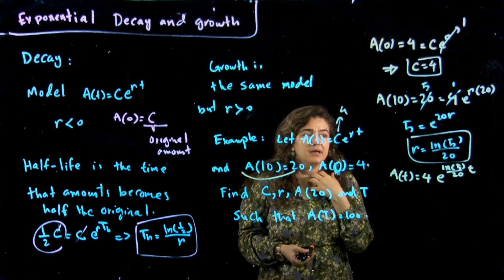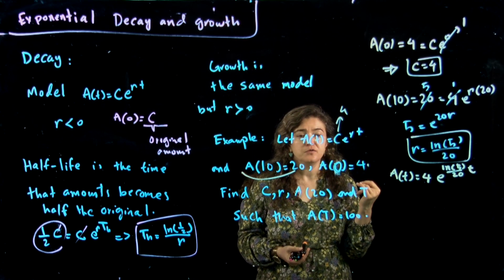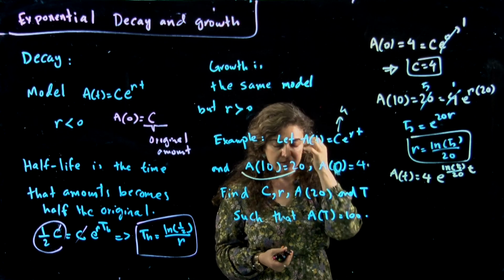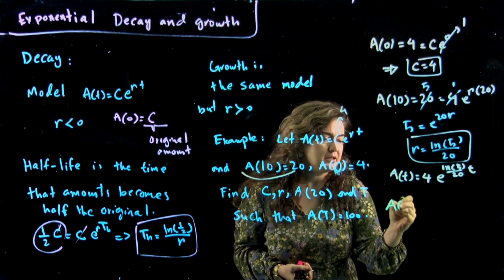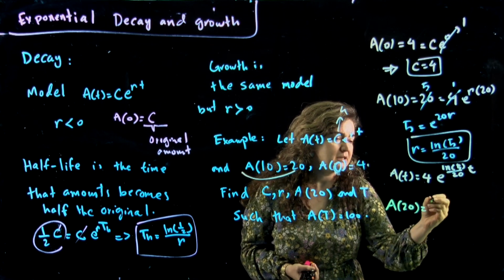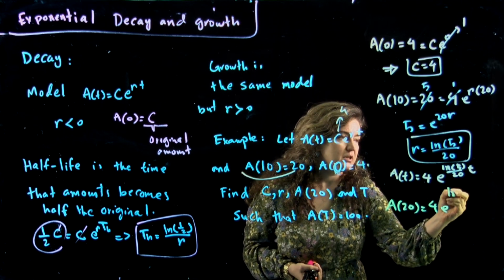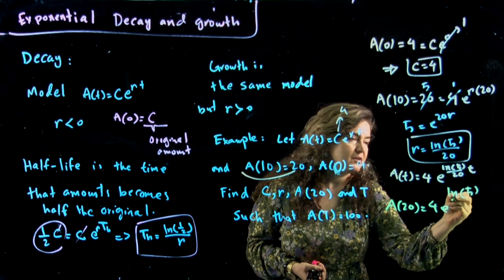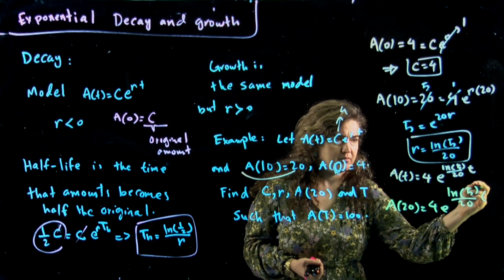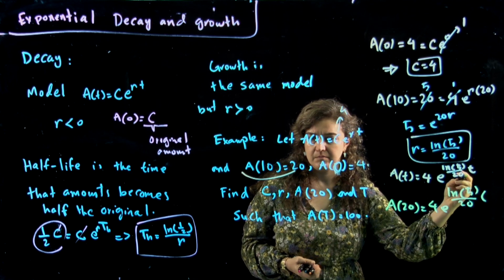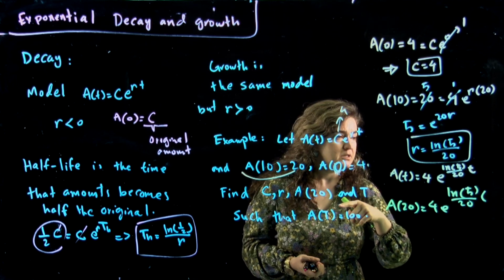The next step is to find A(20). How do we find A(20)? By plugging in 20 inside this function. So ln of 5 divided by 20 times 20.